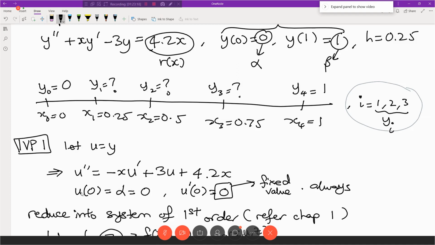You must remember when you want to put the value of u naught here, you must take the value of y for your x naught. It is not always 0. Sometimes x naught starts from 1, so here will be 1. It is not always 0 all the time.